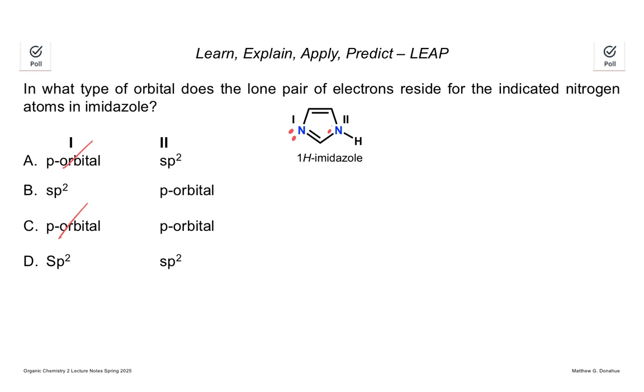These on the inside, sort of to indicate aromaticity. And so that's residing in a p orbital, and then we would get B.